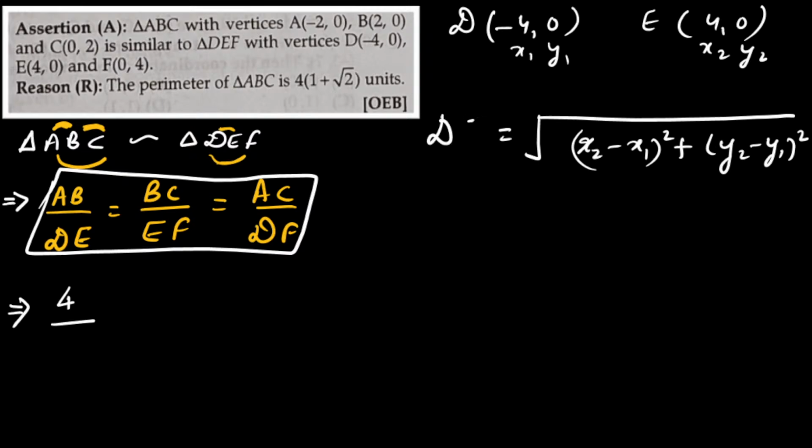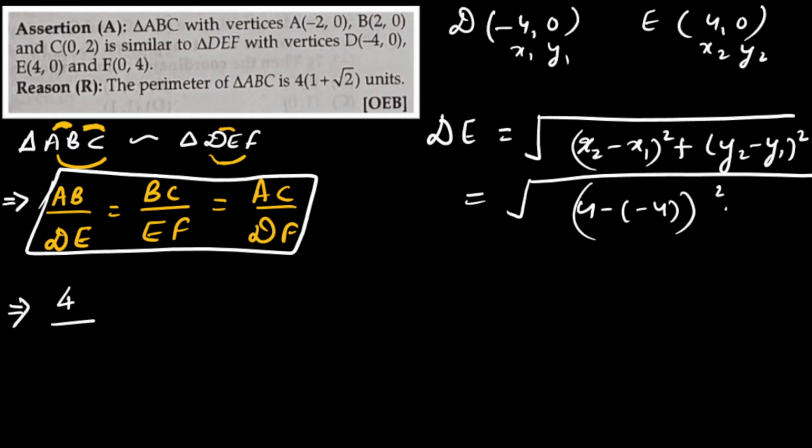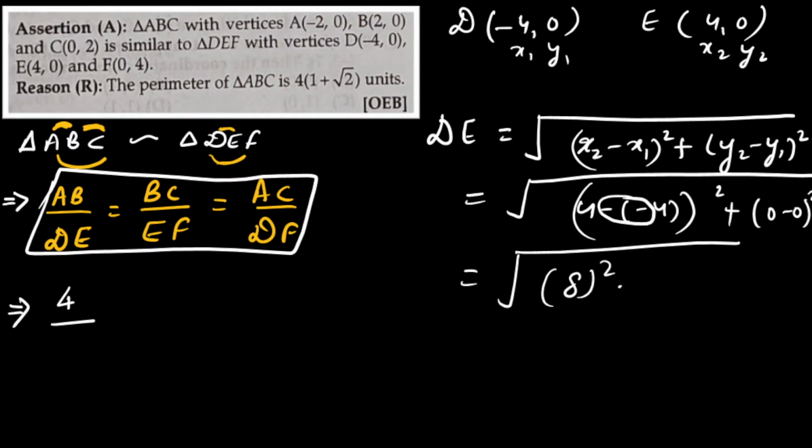So x2 is 4: (4 minus minus 4) whole square plus 0 minus 0. Minus minus is plus, so 4 plus 4 is 8. 8 square plus 0 is 64, and the square root of 64 is 8 units. So DE's value I got is 8.